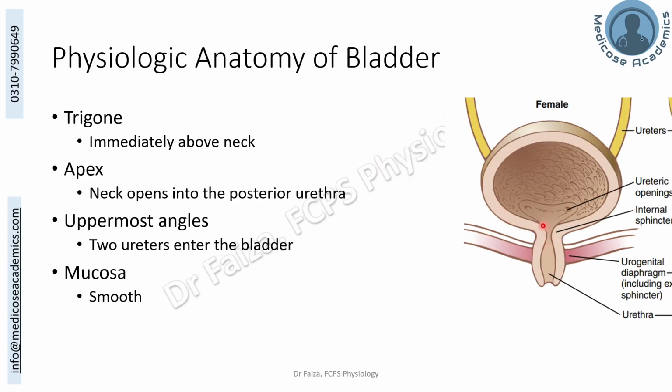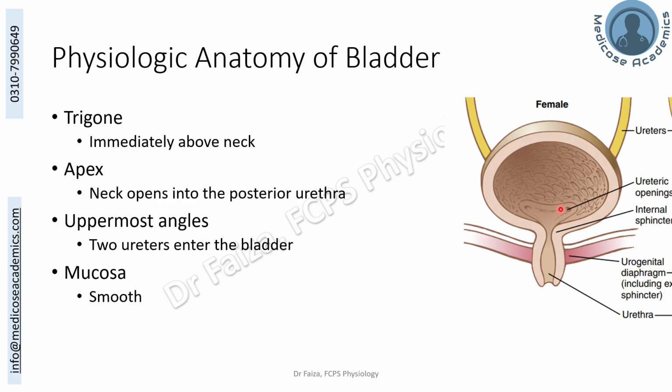The trigone of the bladder is a histological area. You can appreciate over here this triangular area which is present immediately above the bladder neck. Its apex is the portion where the bladder neck is opening into the posterior urethra, and at the uppermost angles you can appreciate the ureteric openings into the bladder.